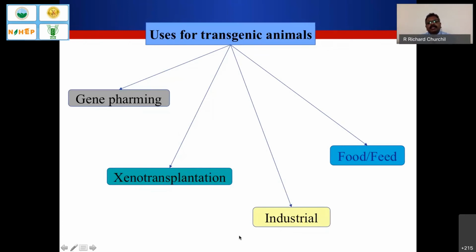And there are many industrial applications, many pharma companies can produce pharmaceuticals, and food and feed. The transgenic animal can produce more product, egg, meat, or it can produce quality product, less cholesterol product, like that.